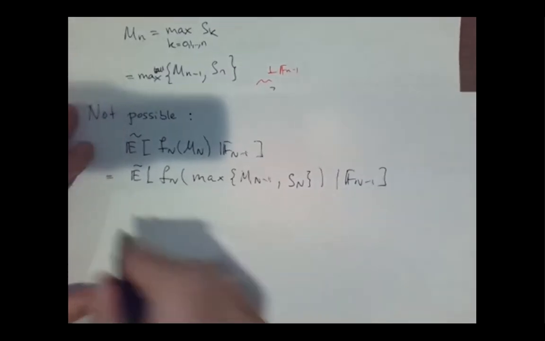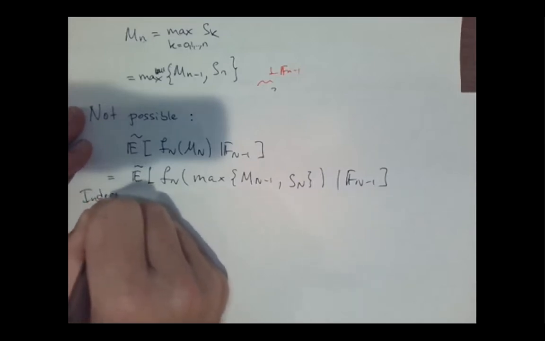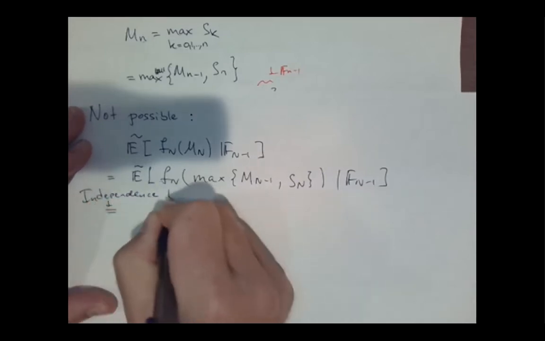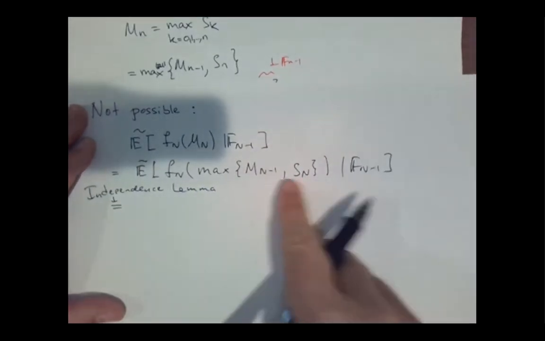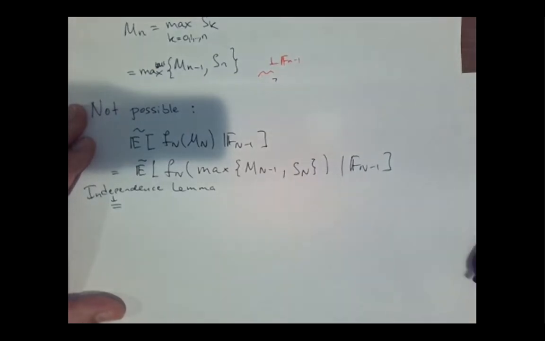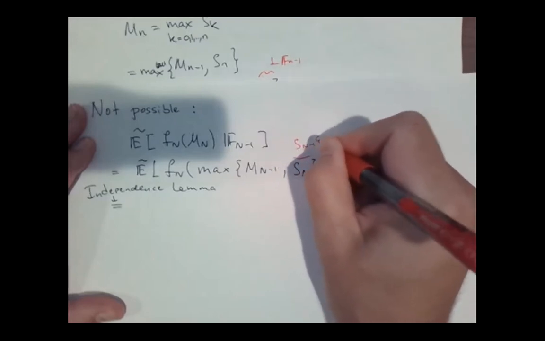And so you use the independence lemma. We take out what's known and take the average of the rest. So this Sn here, we have seen a number of times, this is S_{n-1} times psi n.